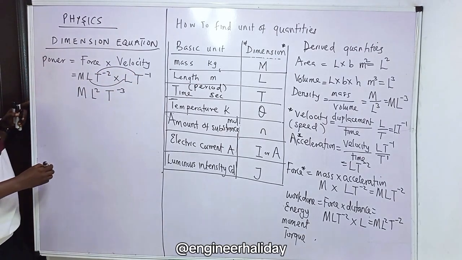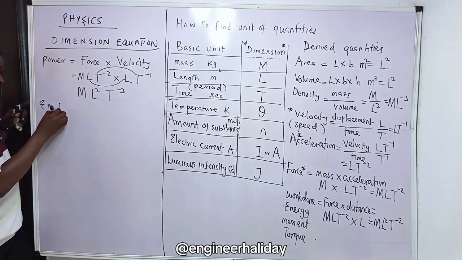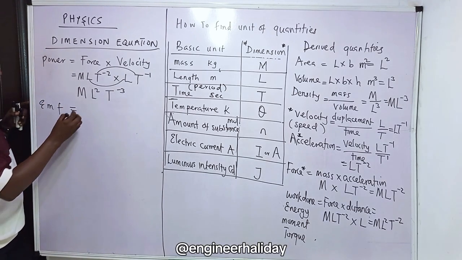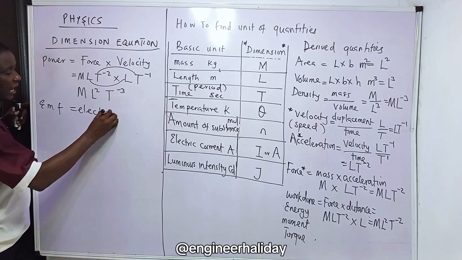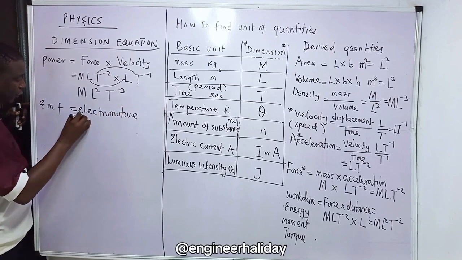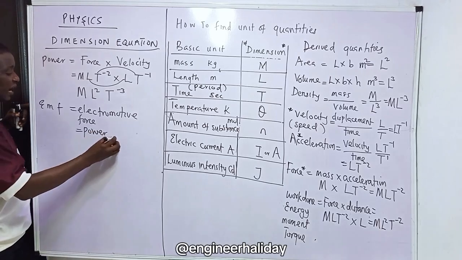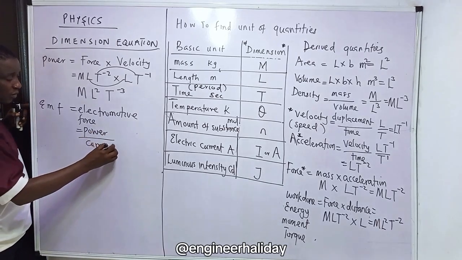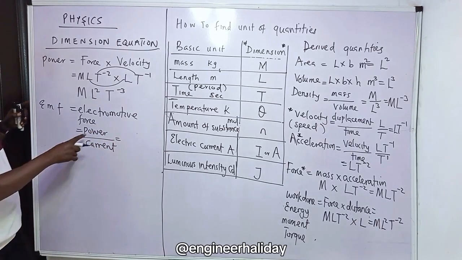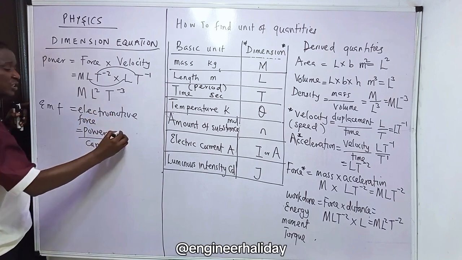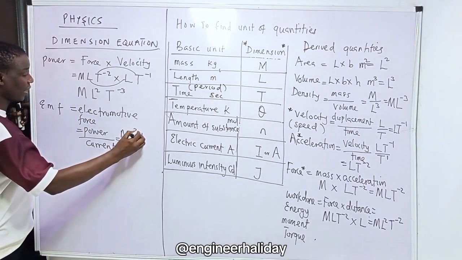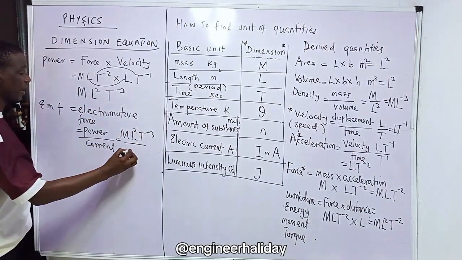Let's talk about EMF. EMF is electromotive force, and that will be equal to power over current. Now, power is already solved, which is ML squared T raised to minus 3, divided by current.